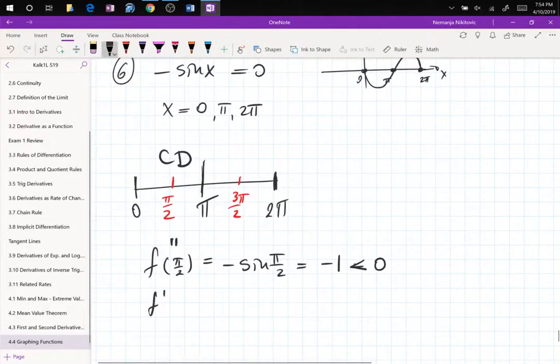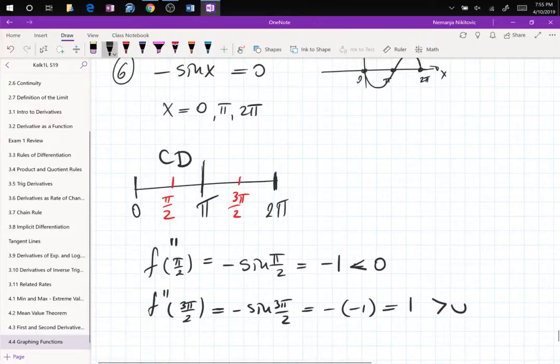Then I have another second derivative calculation at 3 pi over 2, which is negative sine of 3 pi over 2. Sine of 3 pi over 2 is negative 1, so negative negative 1, that's positive 1. So concave up.